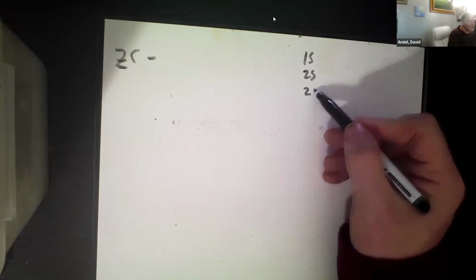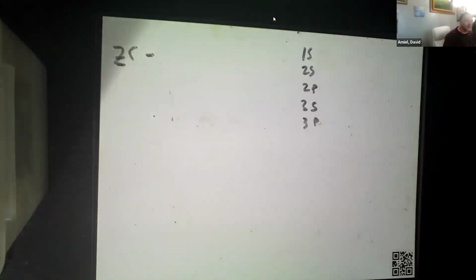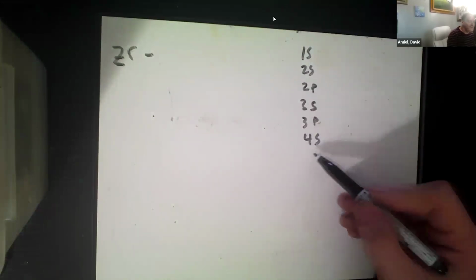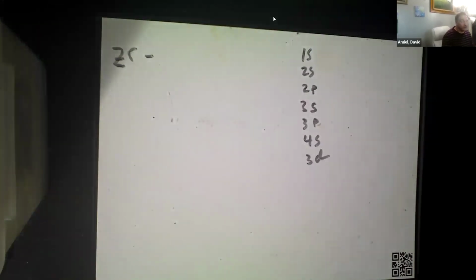And I need to do this, you need to have the order in which you fill them up. So let me quickly write that order here. It goes 1s, 2s, 2p, 3s, 3p, and then 4s, and then 3d. Let me double check and make sure that, because if you don't have this right, you screw the whole thing up. Let me just make sure.